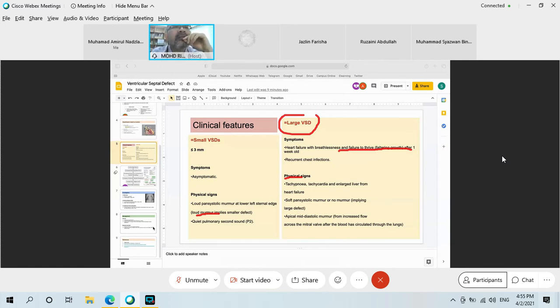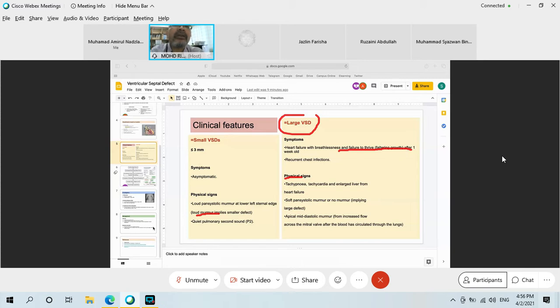Why? That's the time when the pulmonary pressure is normalized. Pulmonary pressure takes time to normalize, 6 to 8 weeks. This is the time when the PA pressure is at its lowest, so that's the time the maximum shunting happens.